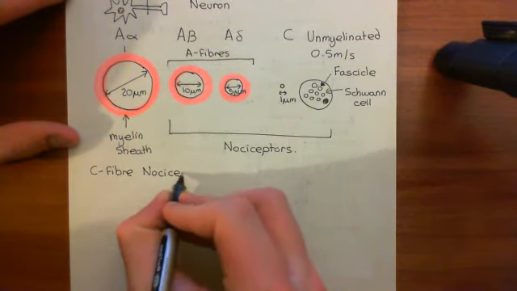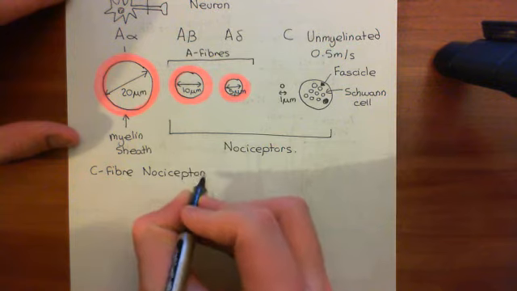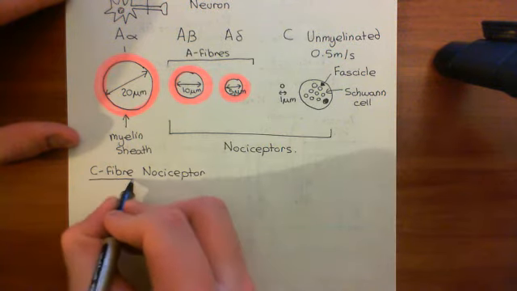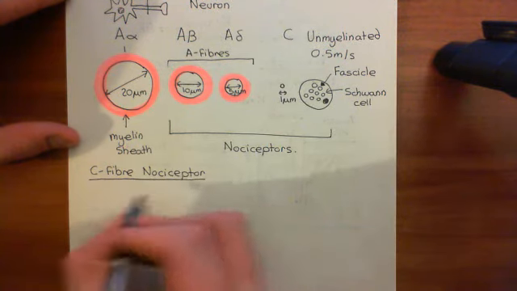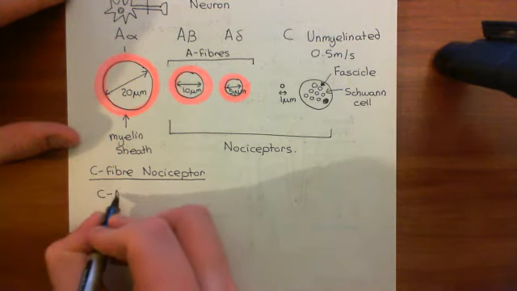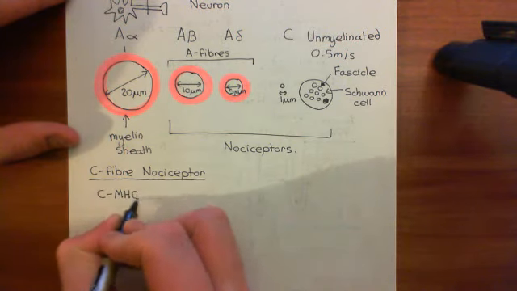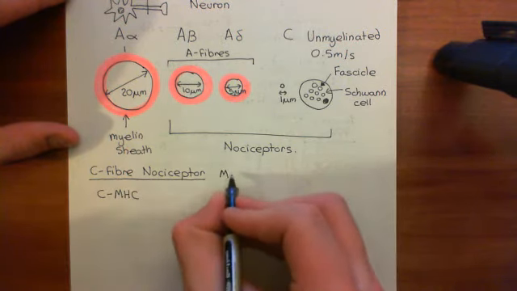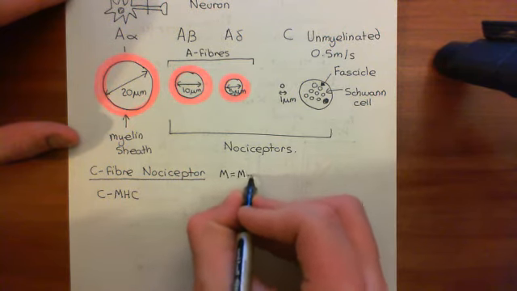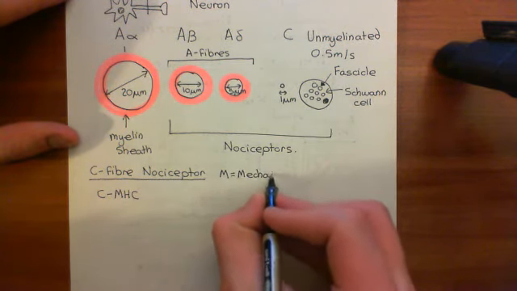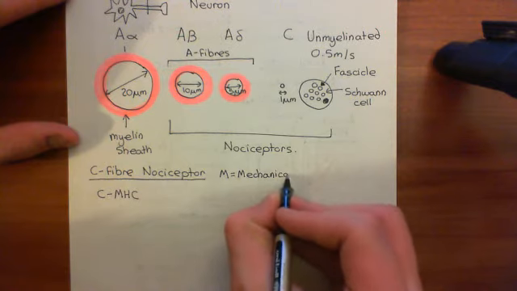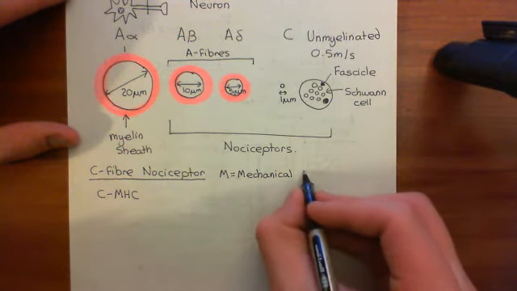By far the most common C fiber nociceptors are what is known as the CMHC fibers. Now what does this stand for? M stands for mechanical, so that tells us that this C fiber will respond to a mechanical stimulus.